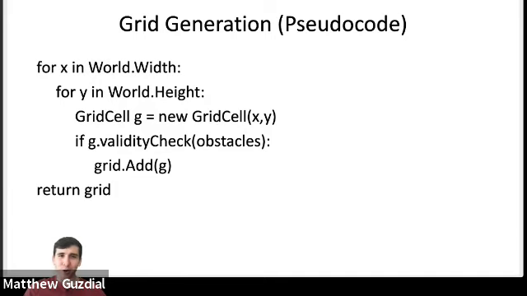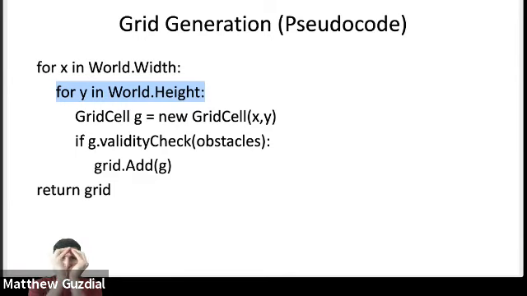This is pseudocode that you can use for assignment 1, though you'll have to add quite a lot of detail to it. Let's walk through this. From top to bottom, the first thing we're going to do is iterate through every possible X position where a grid center could be. Then, for each X, we're going to go through every Y position where a grid center could be. So we're basically going through all rows and then all columns.